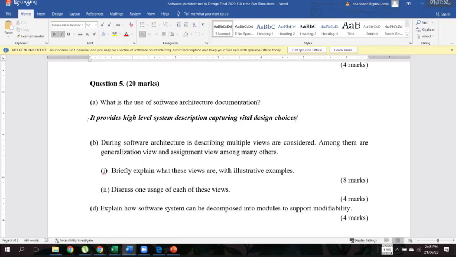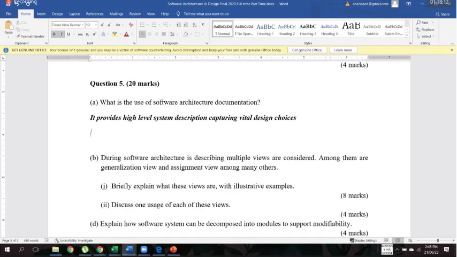If you come down further, you can get further information. That's what software architecture does: it captures the initial high-level system view and the design choices made.